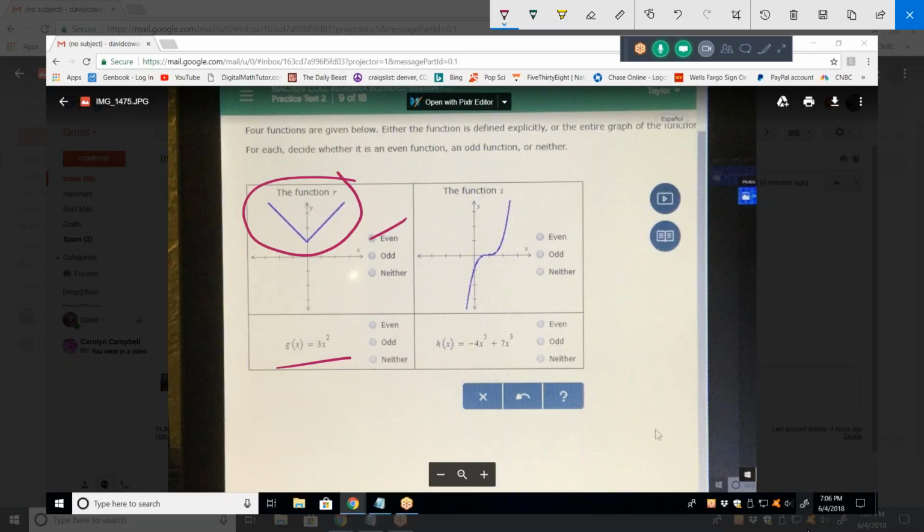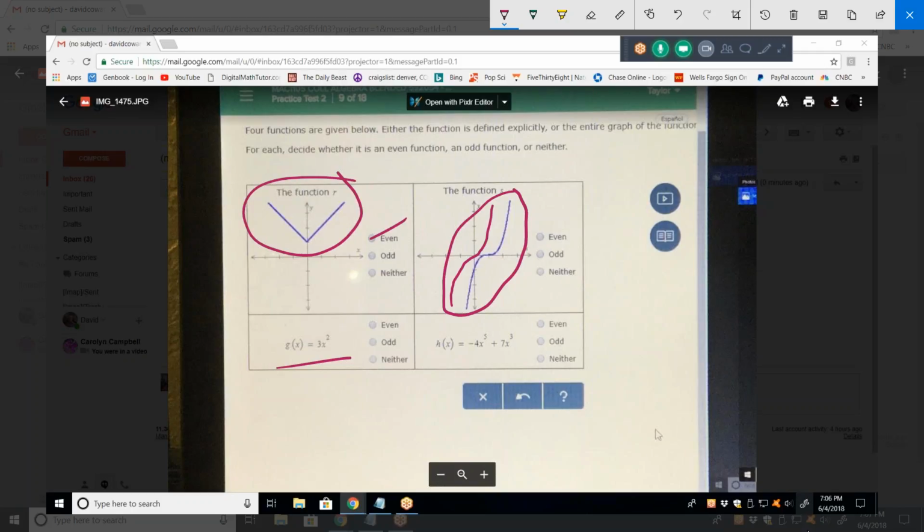And this one is what? Would that be neither? Correct. What does it have to be odd? Symmetrical on the x-axis, no, the origin. Yeah. In other words, if this looked like this, instead of the way it looks, it would be symmetrical about the origin, and that would be odd.